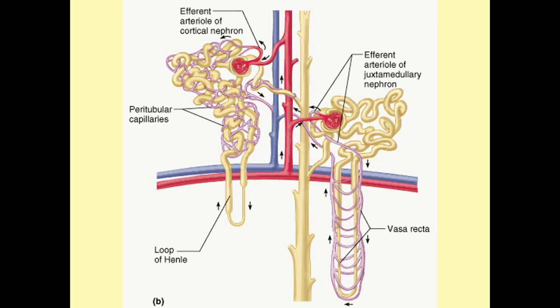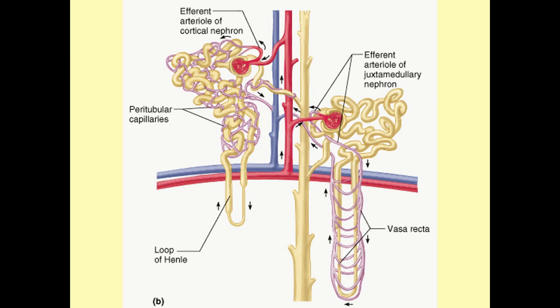In other words, the vasa recta helps us to ensure that the countercurrent mechanism and multiplier keeps happening because it'll be the receiver of all that water and all those salts. So if you look at this artist illustration, on the left is a cortical nephron, in other words, most of the nephron is up in the cortex, and it's surrounded by blood vessels called peritubular capillaries.